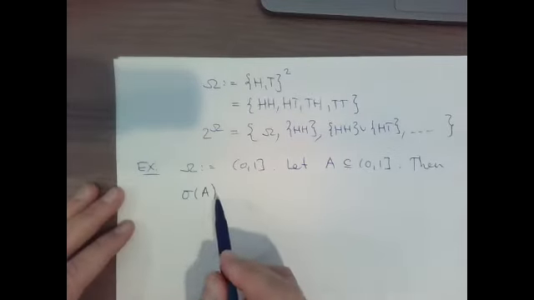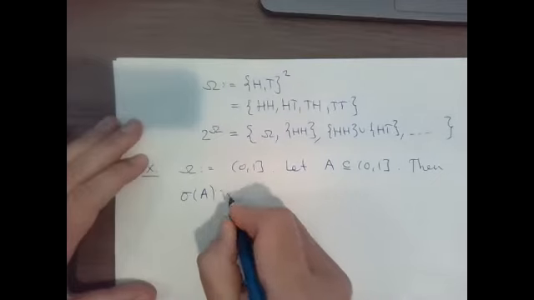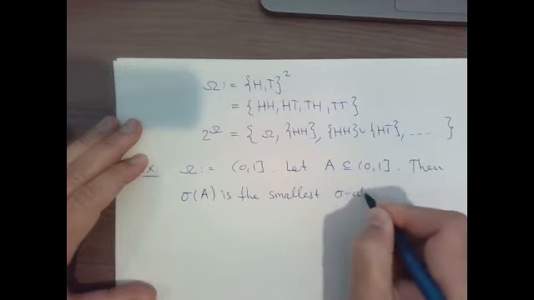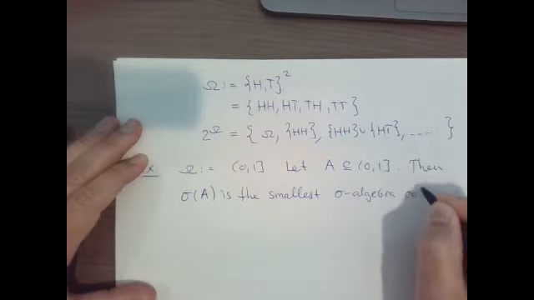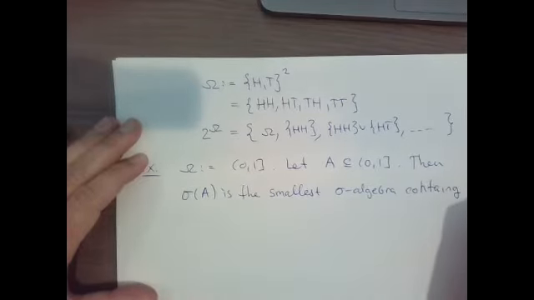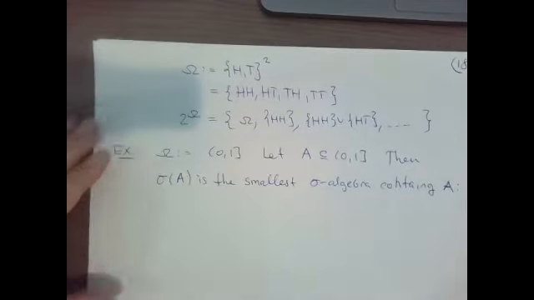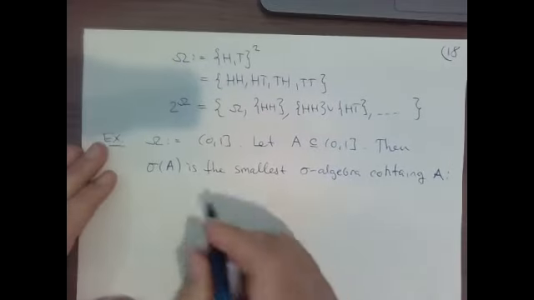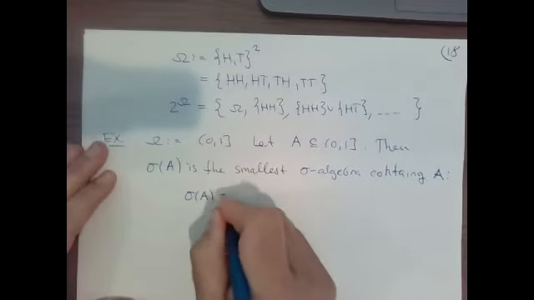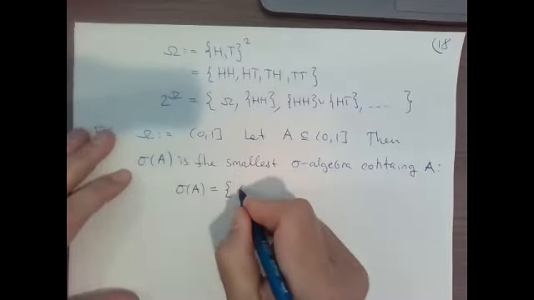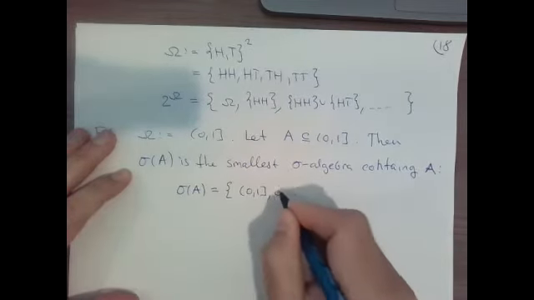So that's sigma. You just put that outside here, and what that means is this is the smallest sigma algebra containing A. Okay, so how would that look? If I write out what sigma of A is, I'll always have to have omega, so I'll always have to have the set 0 to 1. I'll always have to have the empty set.